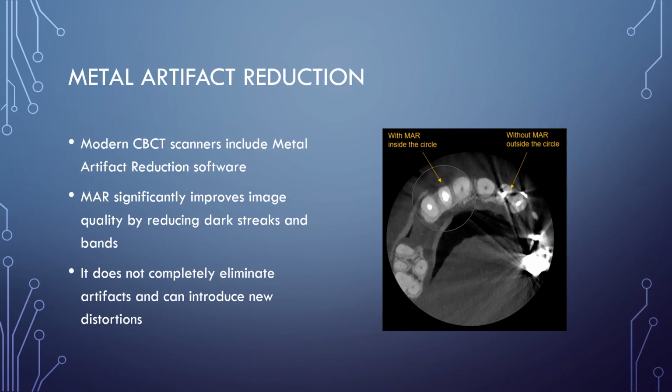When activated, this software performs complex mathematical calculations on the raw scan data to specifically identify and reduce the disruptive dark streaks and bands caused by beam hardening. In the majority of clinical cases, applying MAR significantly improves the overall image quality around metallic restorations, allowing you to much more clearly visualize and interpret the adjacent root anatomy and surrounding bone.